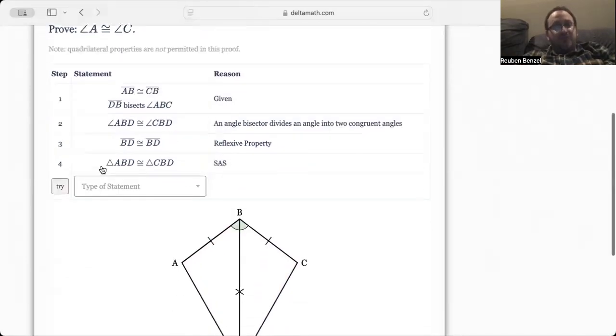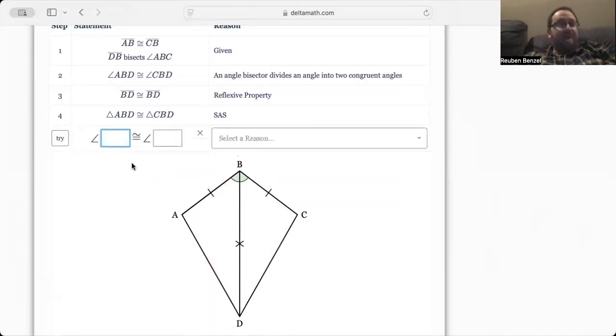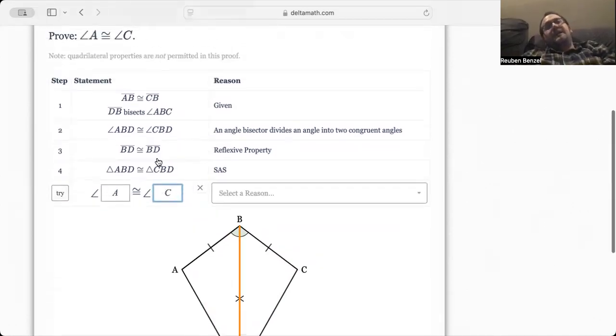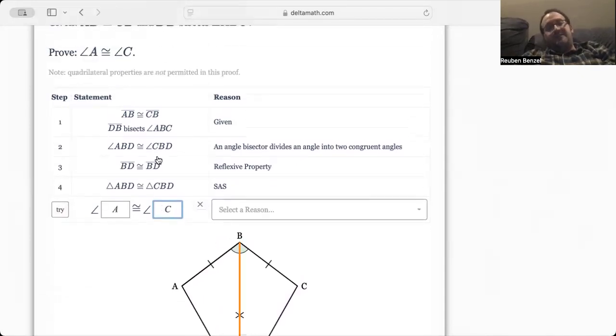And then it's finally good to take a look at what we need to prove. So we're trying to prove that angle A is congruent to angle C. And we actually have enough information now to make that argument. So I'm going to put that as my last step. So actually, if I put this on a mastery and I had blanks, I might start with putting what you need to prove at the very end.